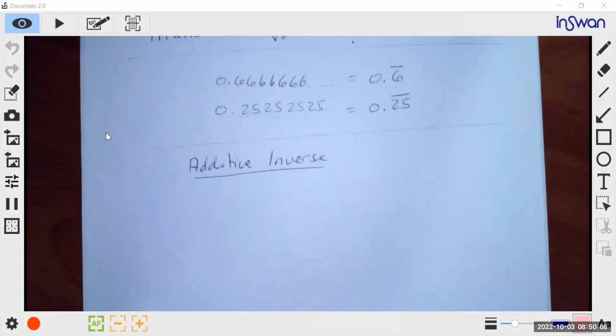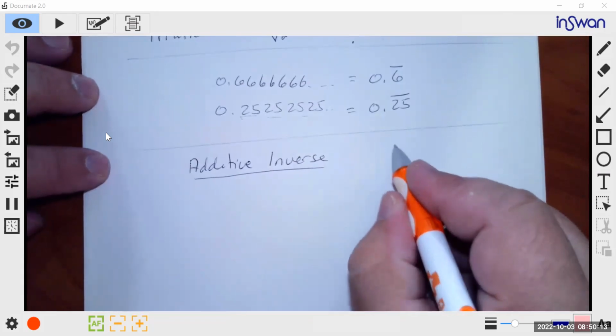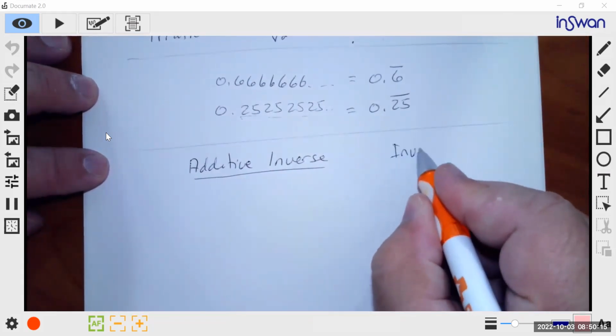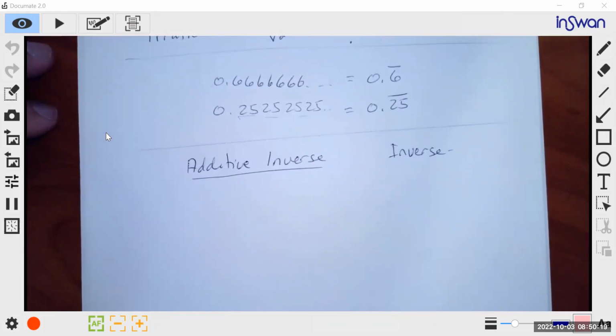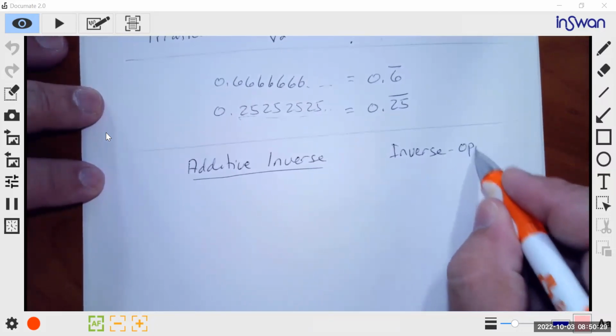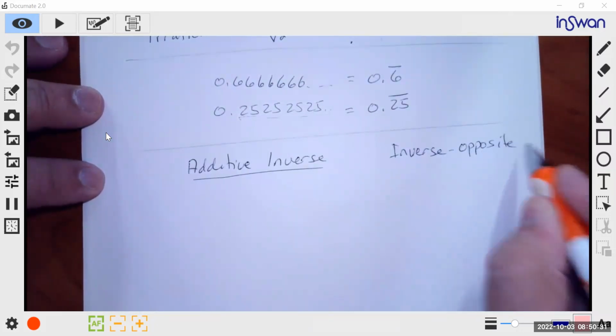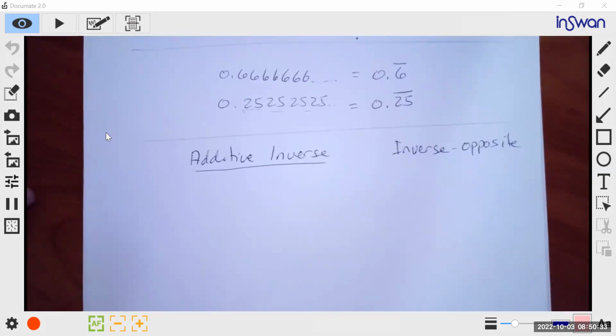What do you think the additive inverse is? Or first off, what does inverse mean? Opposite. Inverse means opposite.